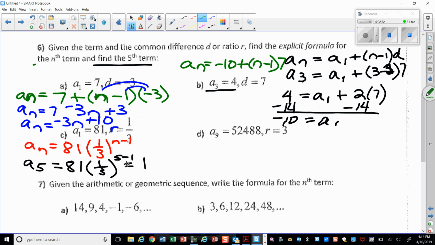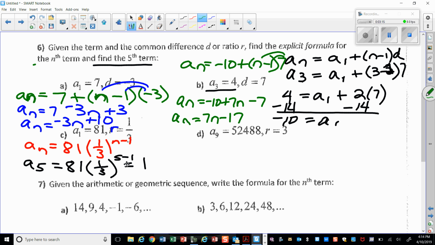Okay, so that's the formula. And I could tidy that up a little bit. I could say, okay, a sub n is negative 10. I'll distribute the 7. So that would be plus 7n minus 7. So a sub n would be 7n minus 17. Okay? All right.